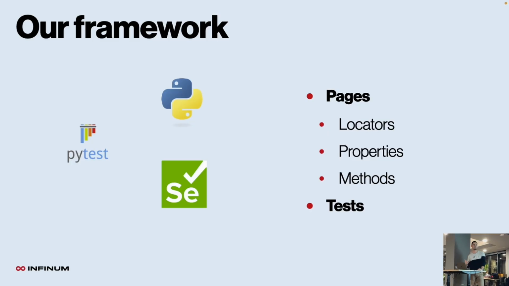Our test automation framework is based on PyTest with Python and Selenium, and we follow this approach, meaning that in pages we store locators, properties, and methods. We'll come to this later, what this really is, and tests are stored separately.